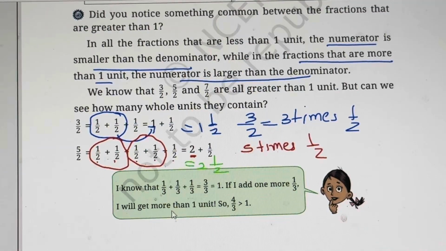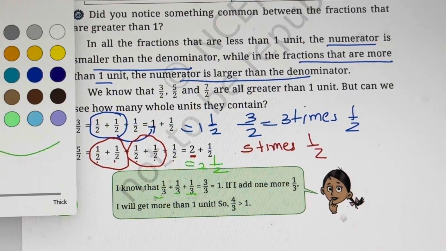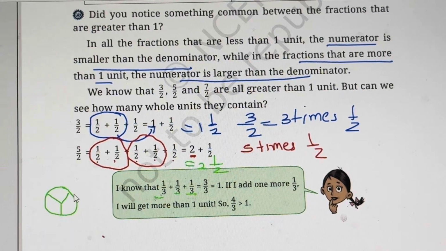Right? Similarly, we also know that 1 upon 3 plus 1 upon 3 plus 1 upon 3 is 3 upon 3. That is equal to 1. Suppose any particular thing is divided into 3 equal parts. Each portion is 1/3. This is 1/3, this is also 1/3, this is also 1/3.